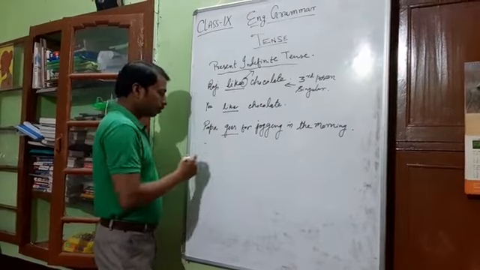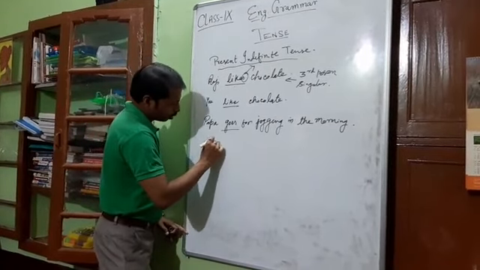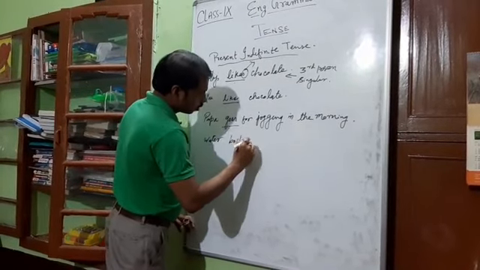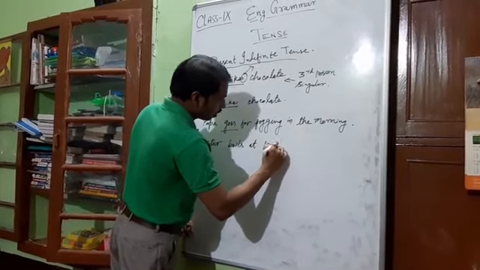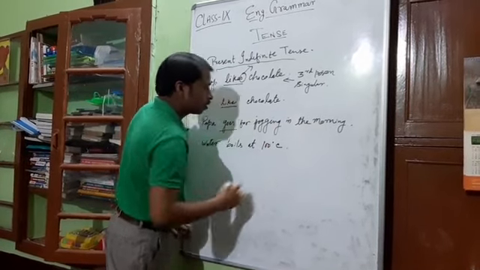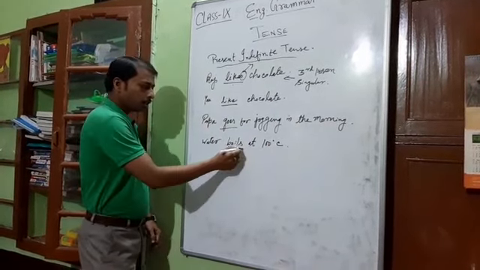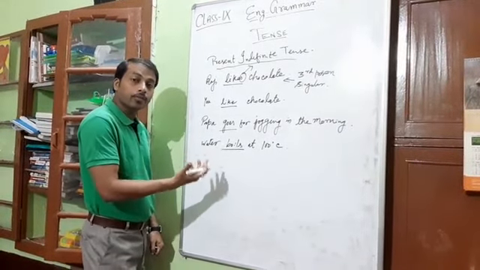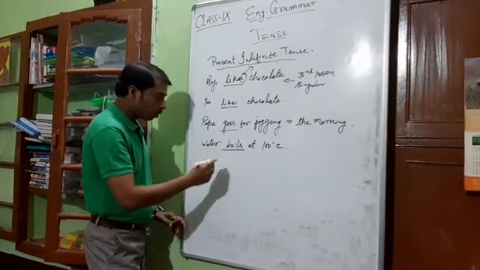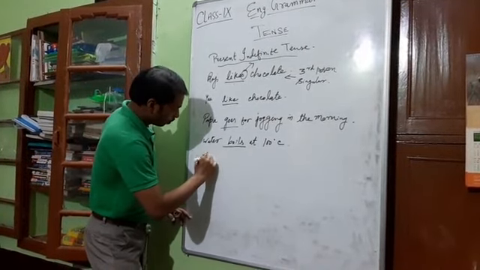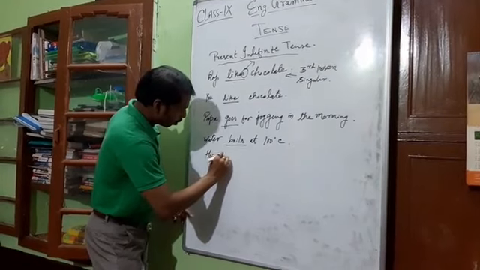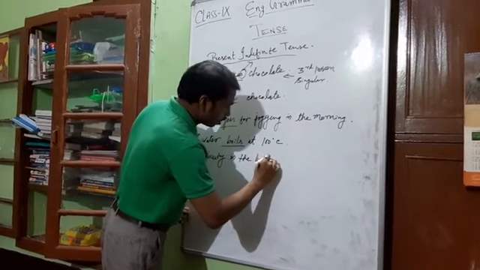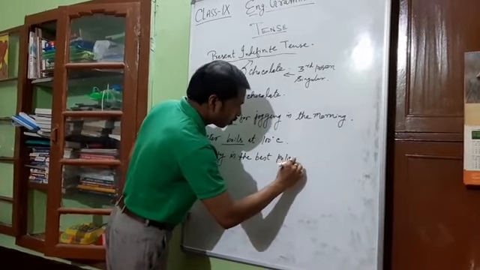Now coming to another fact. Water boils at 100 degree centigrade. Now here, this is a fact. It's a scientific fact. Coming to one more. Honesty is the best policy.